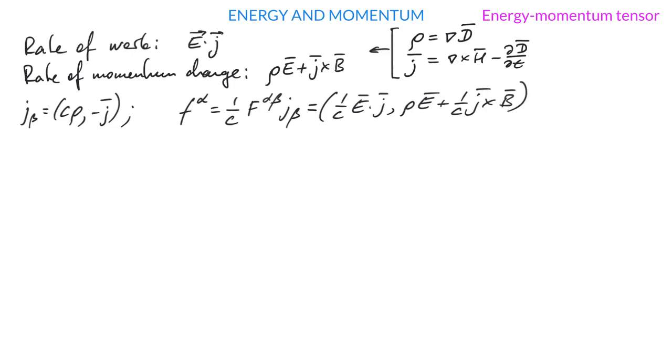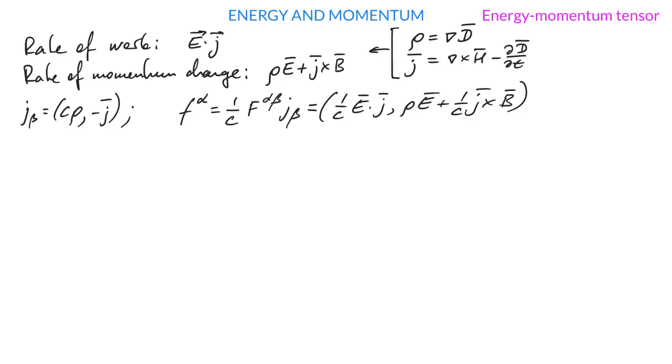Now, if we compare this with what we had before in the rate of work and rate of momentum change, you'll see that these are just these components. The difference here is because of the units. We used SI units there, and this is in Gaussian units, but this is the same thing. This is the density of the Lorentz force, and this is the rate of work done on the charged particles divided by c.